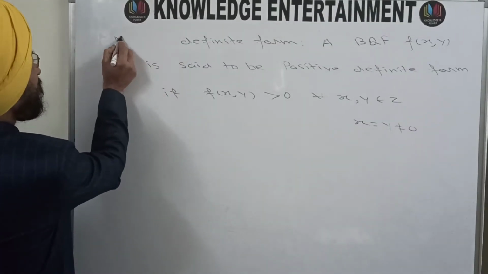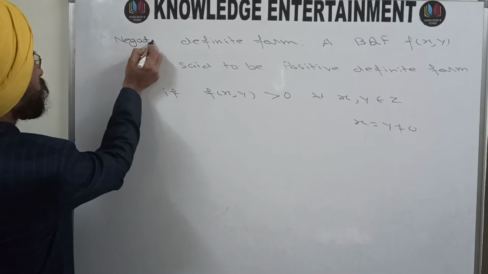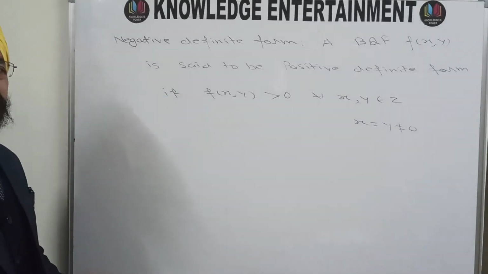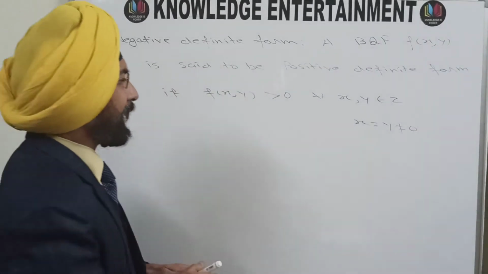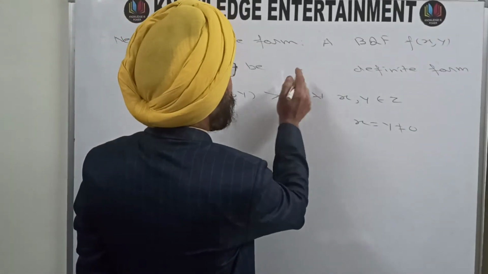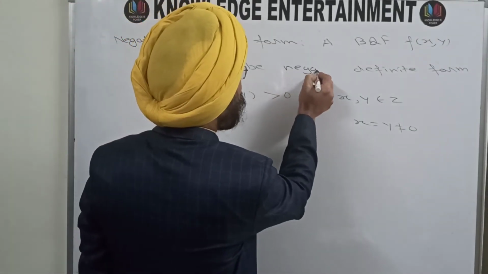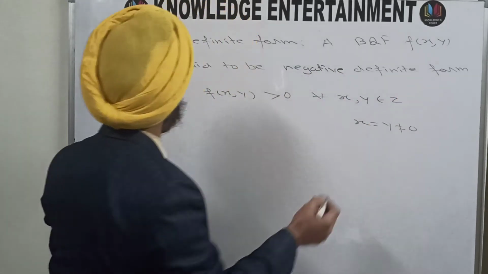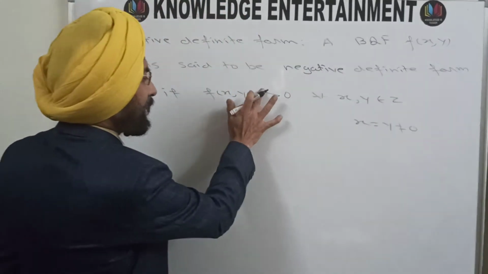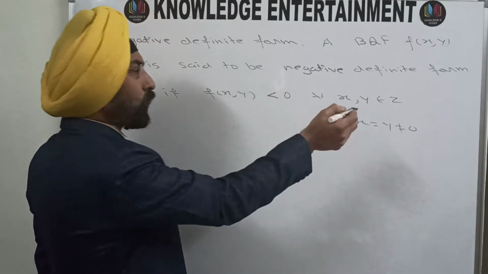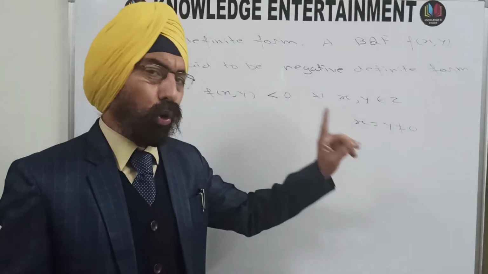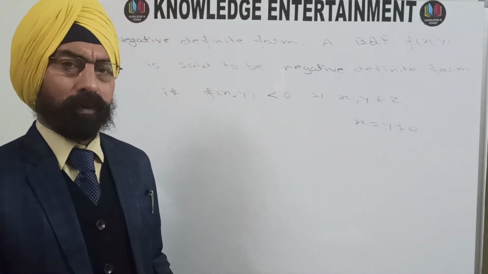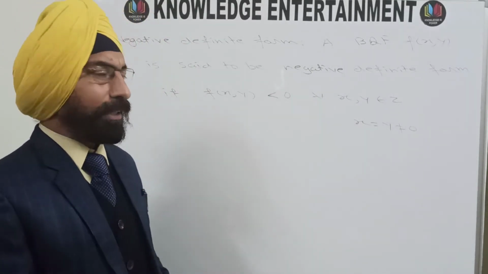And similarly, you can define negative definite form. So what is negative definite form? It is also a binary quadratic form f(x,y). It is said to be negative definite form if f(x,y) is less than 0 for all x, y belonging to the set of integers with x, y both not 0. One can be 0, but both x and y cannot be 0.